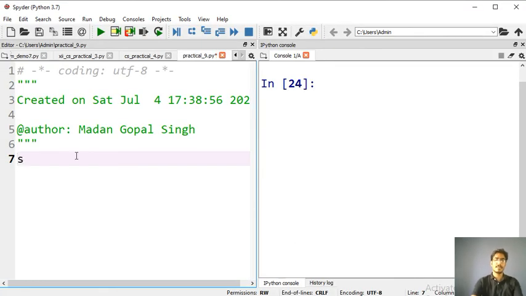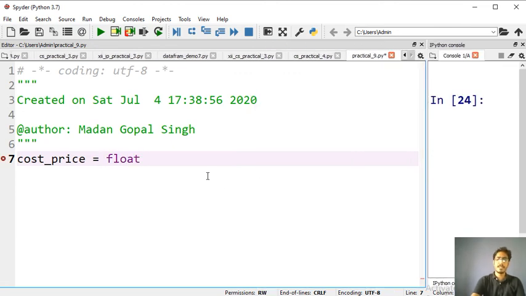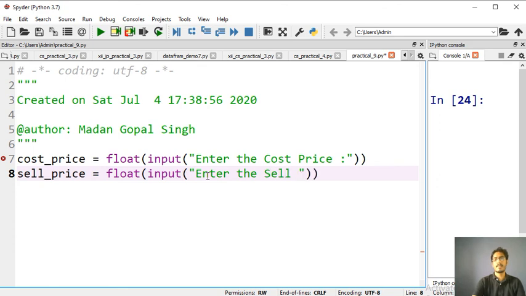So here is the editor. Let me enter the cost price. I am taking it as float input. Enter the cost price, then I will enter the sell price, float input, enter the sell price.